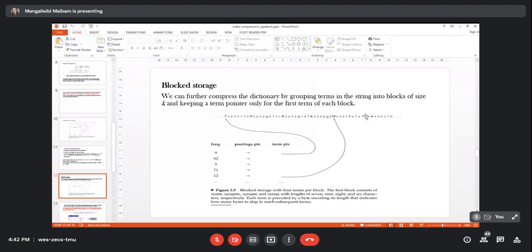So, it has around 11 characters. So, with 11 characters, we are giving the pointer here. And so on. So, the number of term pointers will be reduced here. So, we will check it.